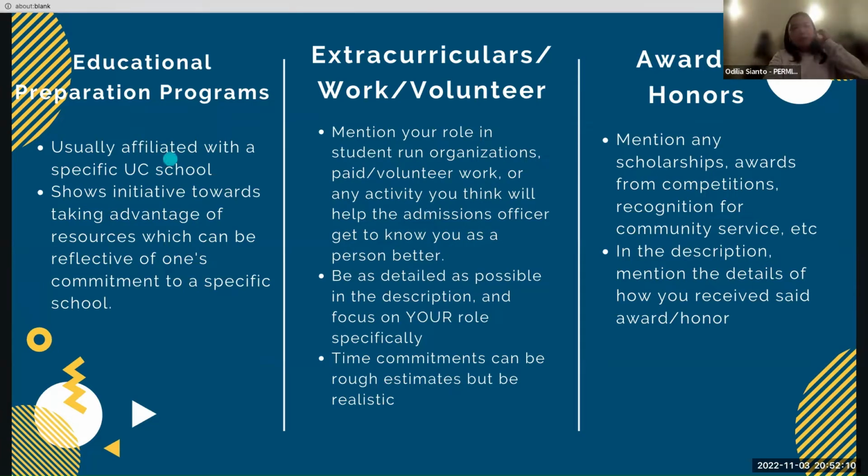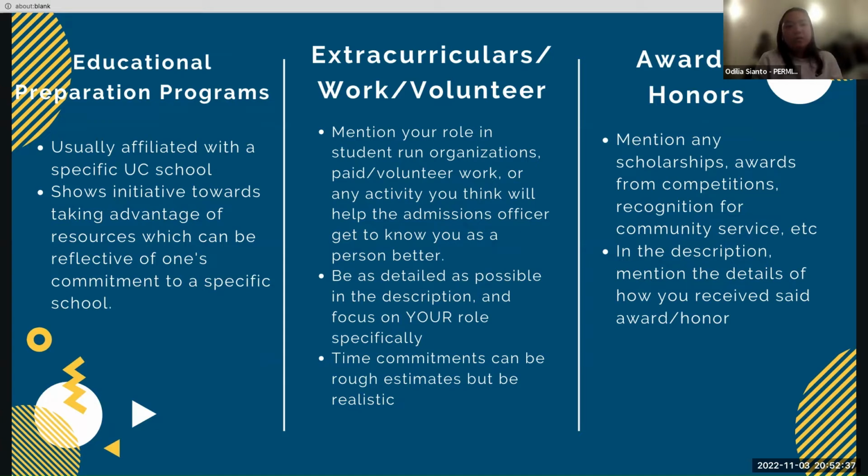Okay, so just going into each of these three different things. Educational preparation programs, I'm going to be completely honest, I wasn't super familiar with them before transferring, so I didn't really put any of them when I transferred. But looking at the list after reading the application again, I realized that these are actually pretty specific to schools. UC Berkeley has a specific educational preparation program called the Starting Point Mentorship Program, and that's a program specifically between UC Berkeley and community colleges.